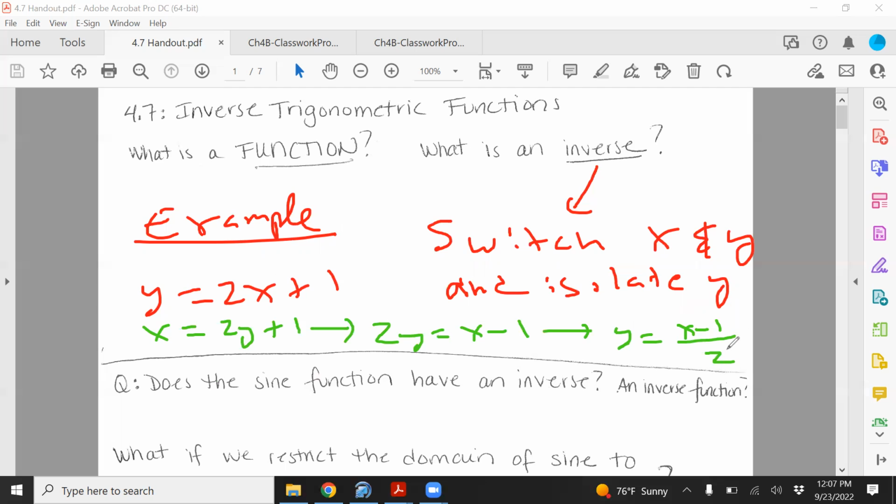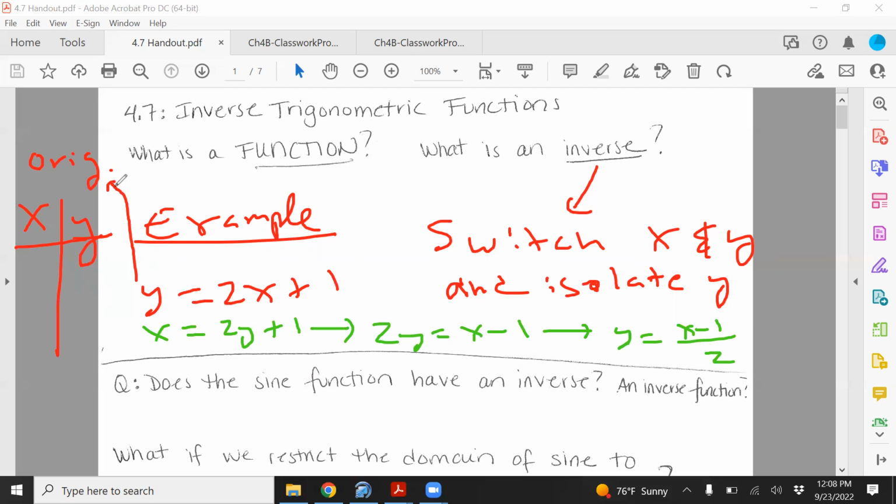Now, the other thing that's important to note about inverses, let's do a table. Actually, let me color code it. That'll be better. Switch x and y, and isolate. So this is for the original function.